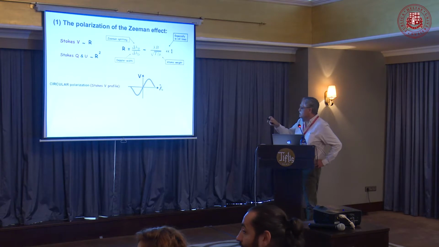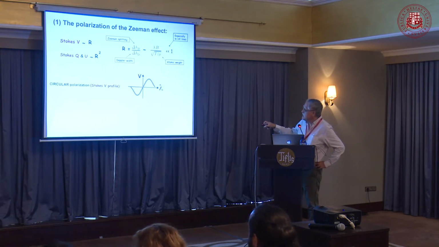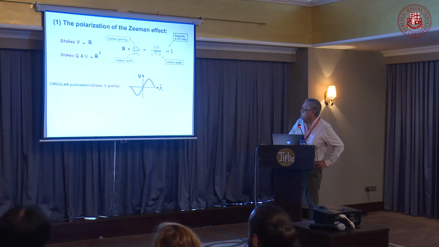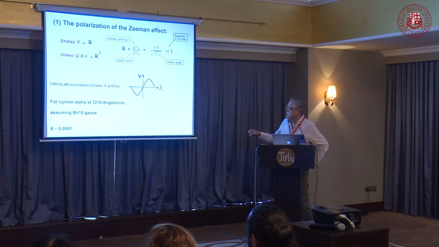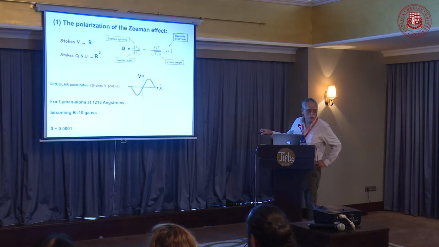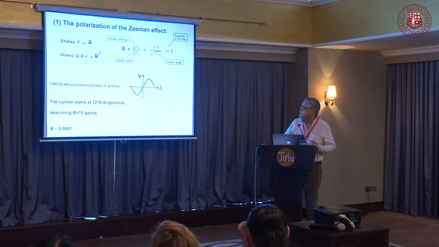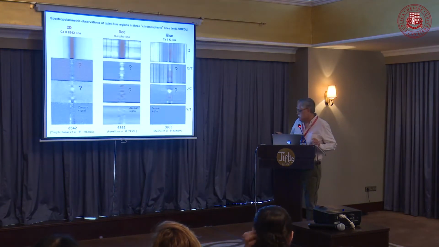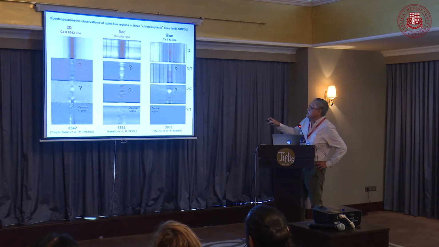The only thing we may perhaps be optimistic to measure through the Zeeman effect is the circular polarization, but for example, for the Lyman alpha line at this wavelength, assuming a 10 Gauss field, you get a value of 10 to the -4. So the circular polarization in UV lines is very hard to measure. Here you have observations from ground-based telescopes of the 4 Stokes parameters, I, Q, U, and V, in 3 spectral lines: in the near infrared, in the visible H alpha, and in the blue.